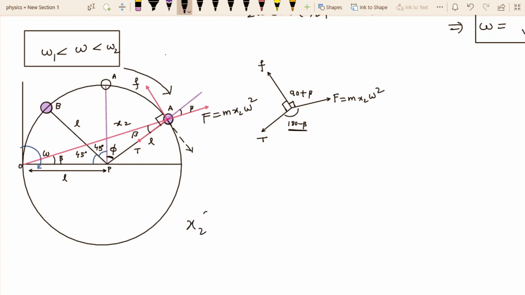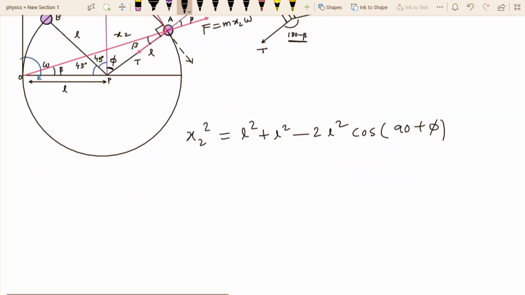X2 square is equal to L square plus L square minus 2L square cos of this entire angle. So this is 90 plus phi. X2 square is equal to 2L square into 1 minus cos of 90 plus phi.